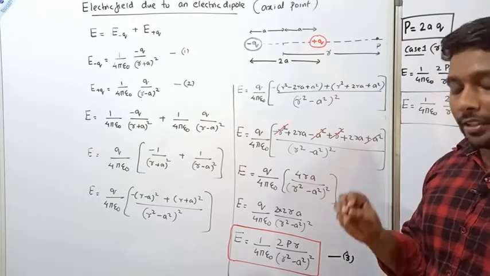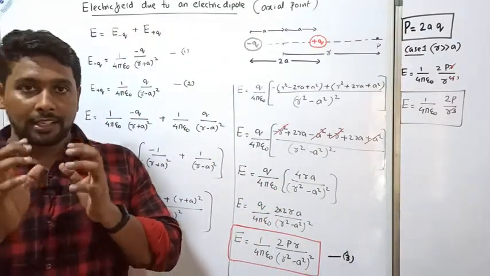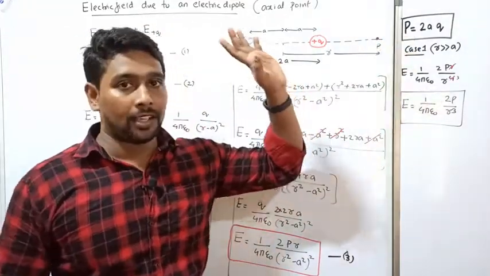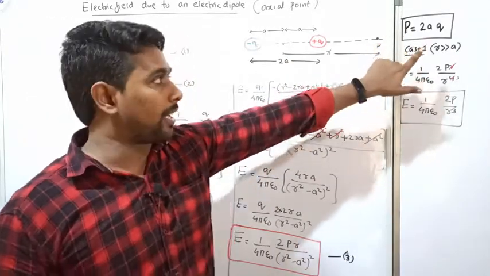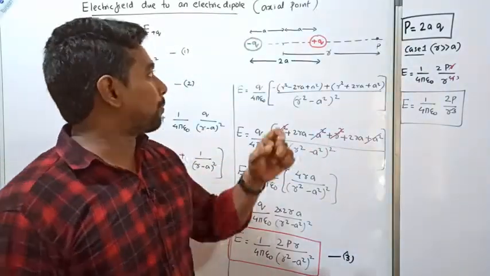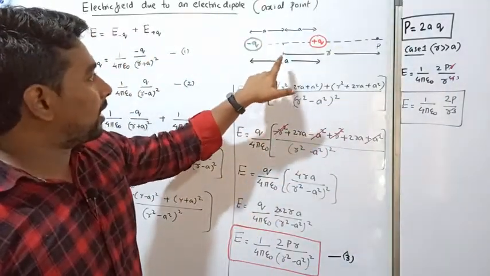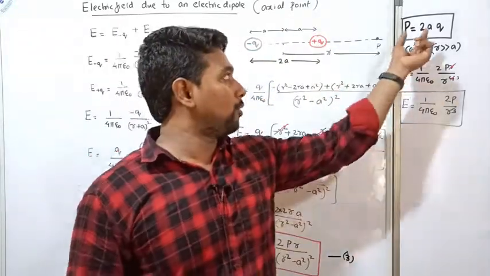In the case of a dipole, the strength of the dipole is defined as the dipole moment. What was the equation for dipole moment? Dipole moment is the product of distance and magnitude of the charge. The distance is 2a, and this is the magnitude q. That means 2aq.